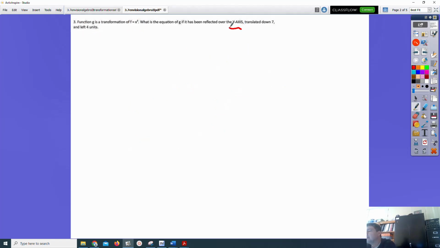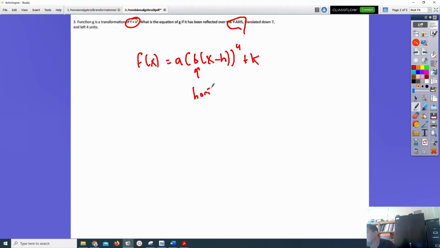This one has a y-axis reflection. Still x to the fourth, so f of x is going to be some a value times, and since I have a y-axis, b times x minus h, all to the fourth plus k. And b is going to be your y-axis reflection, or your horizontal reflection.